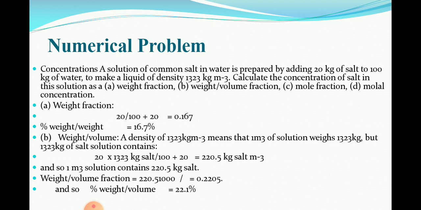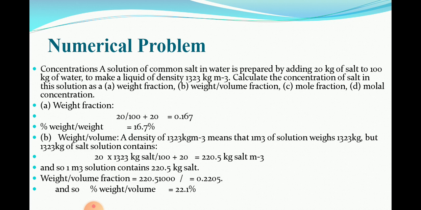We are seeing here that 20 kilogram of salt is mixed into 100 kilogram of water to make a liquid of density 1323 kilogram per meter cube. First of all, we want to calculate the weight fraction. We know that it is solute upon solvent plus solute.